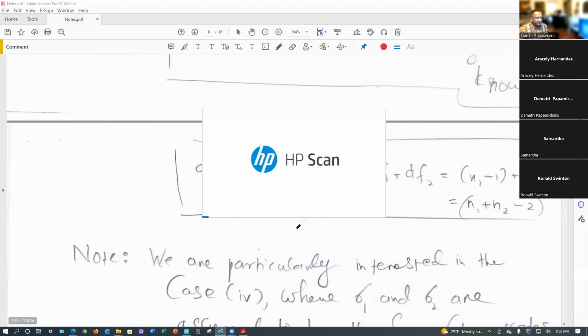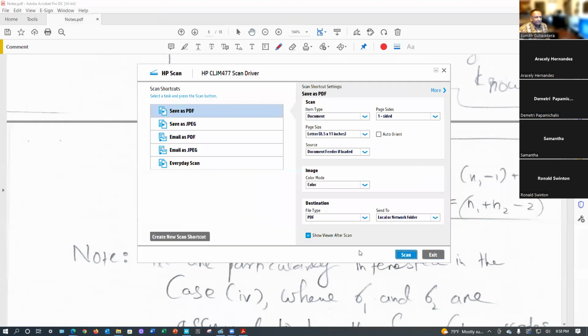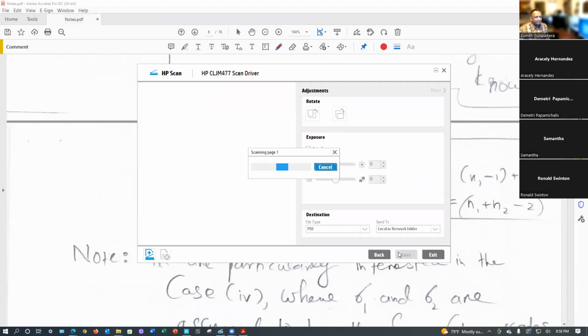Just one page and see. Now it comes. Yeah, that's the page I need.